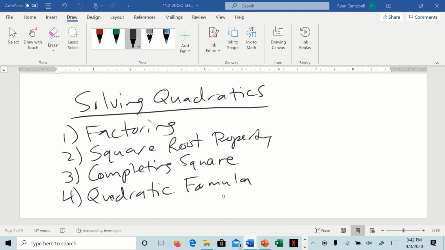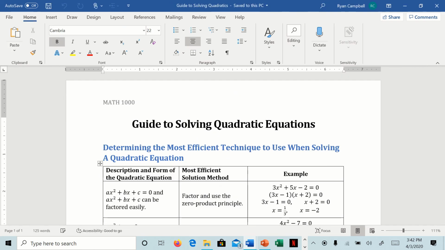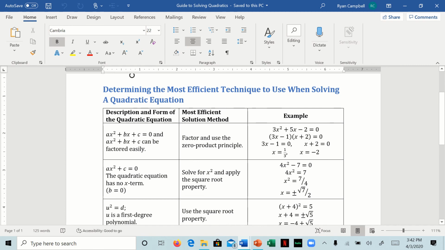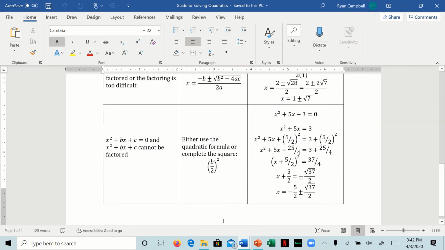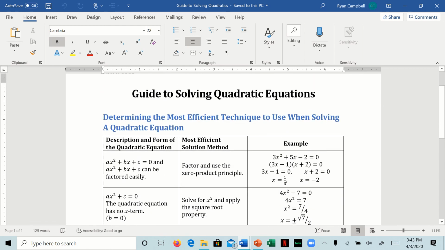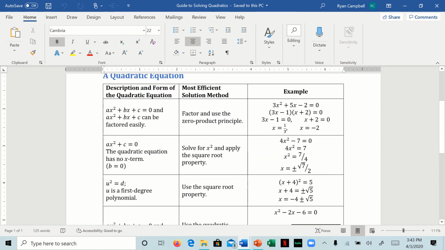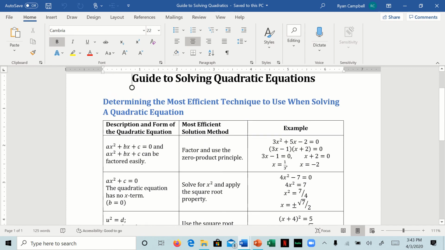I have provided this guide to solving quadratic equations. So how do you know when to use what? What would be the most effective way of doing it, to make everything easier on you? Here it is, so take a look at this. If you have any questions, let me know. I would love to answer any. The more methods you know and feel comfortable with, the more tools you have in your toolbox.